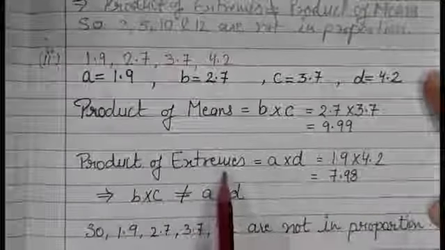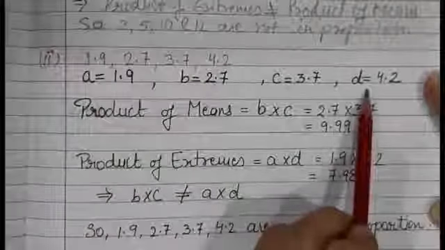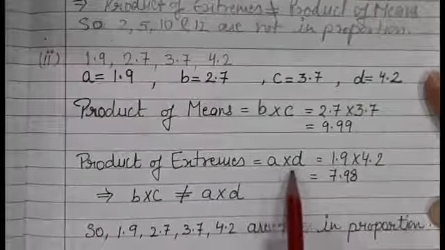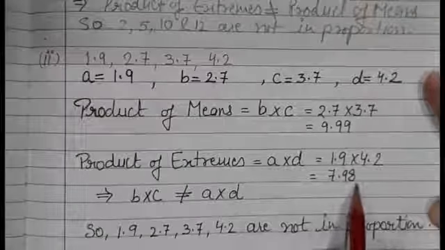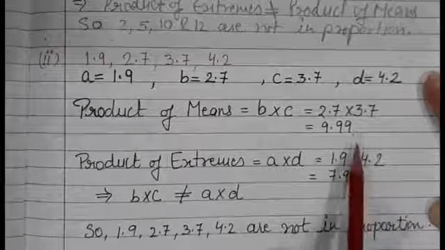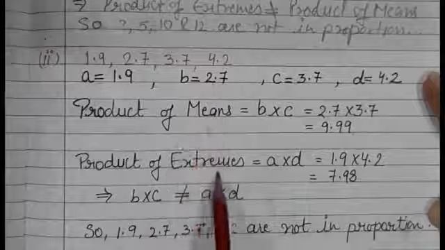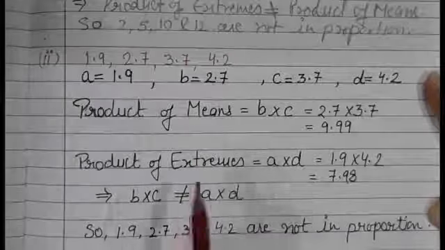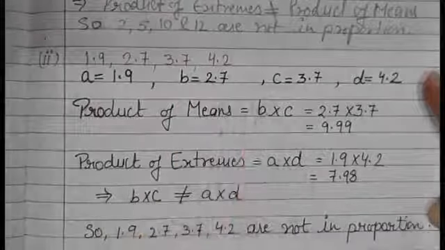And the product of extremes, A into D. When we solve A into D, 1.9 into 4.2, 7.98 will come. These two are different, not coming the same. So we can say the product of means is not equal to the product of extremes. So these numbers are not in proportion. Clear?